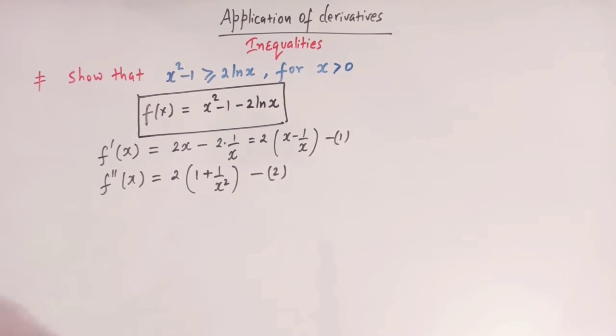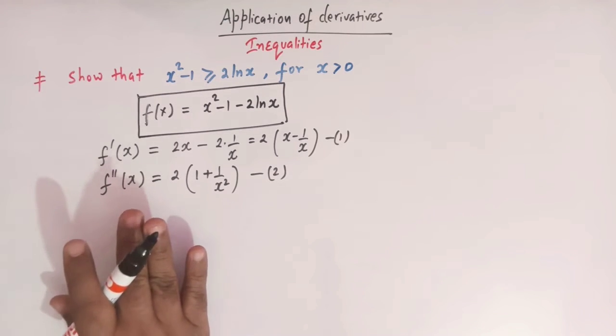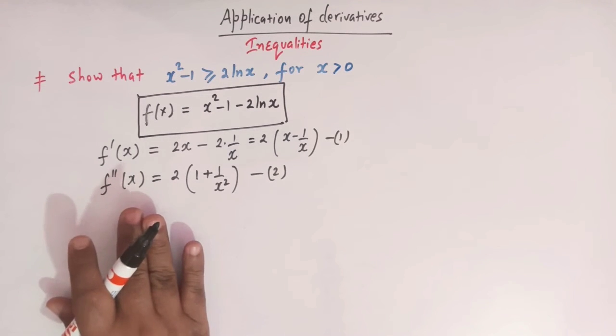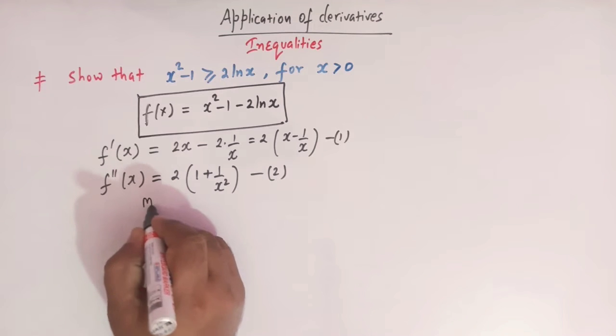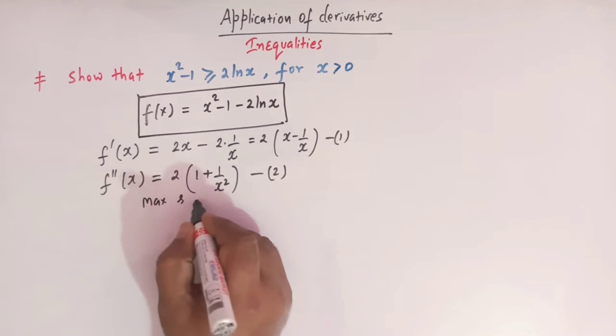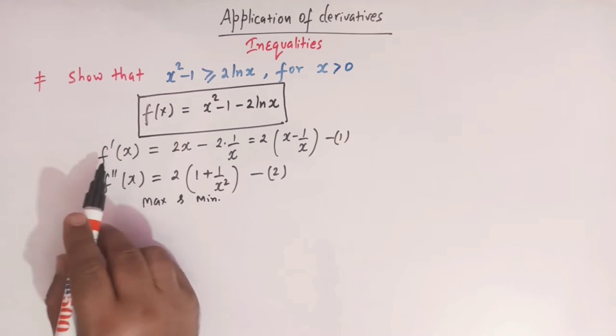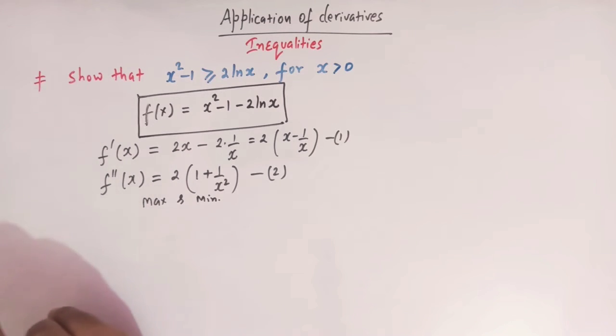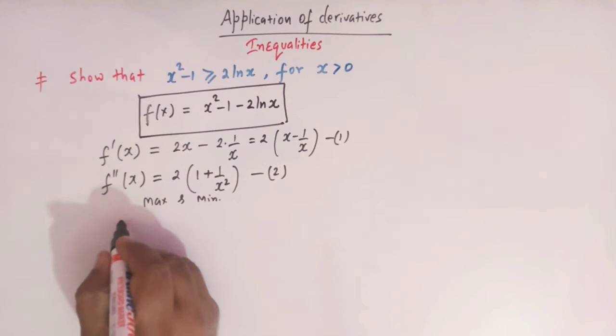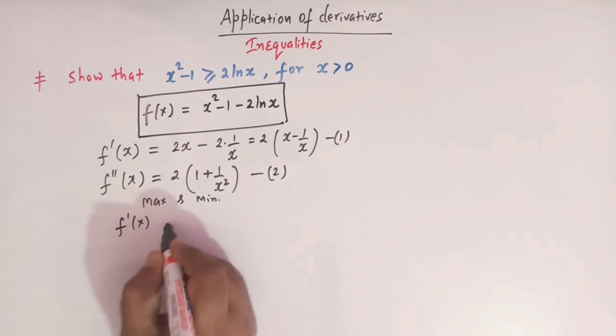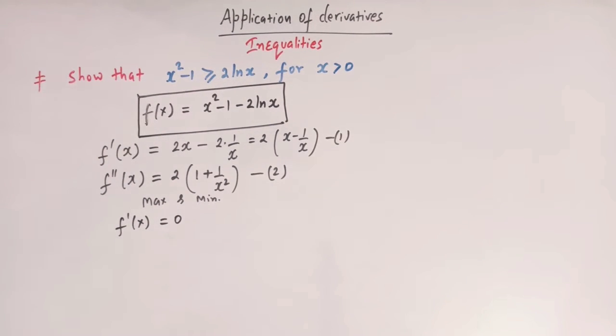So now we have these two derivatives. Now let us apply the concept of maxima and minima, right? For the turning points or critical points, we write f prime of x equal to 0.